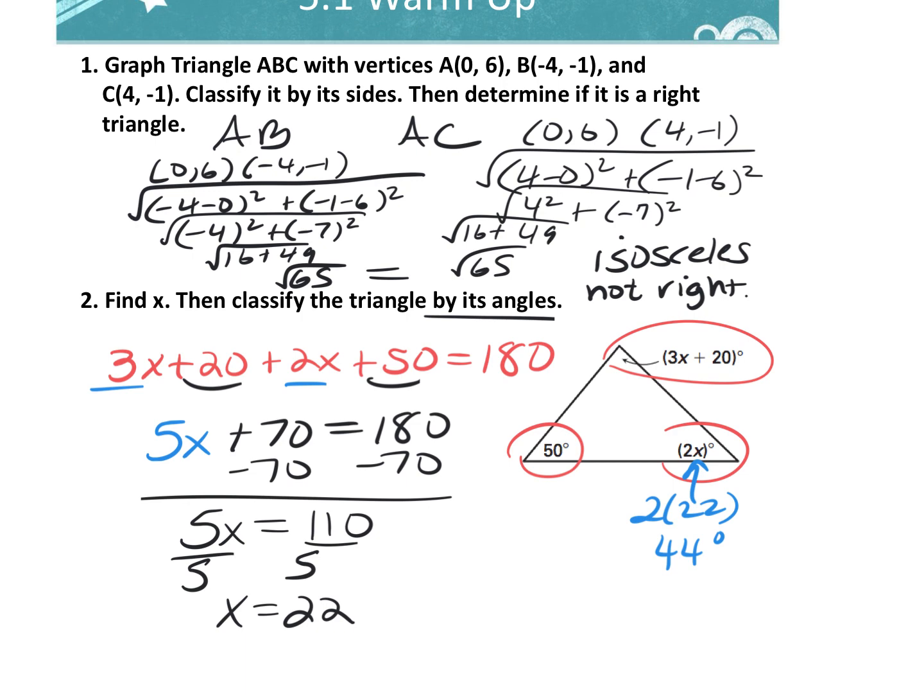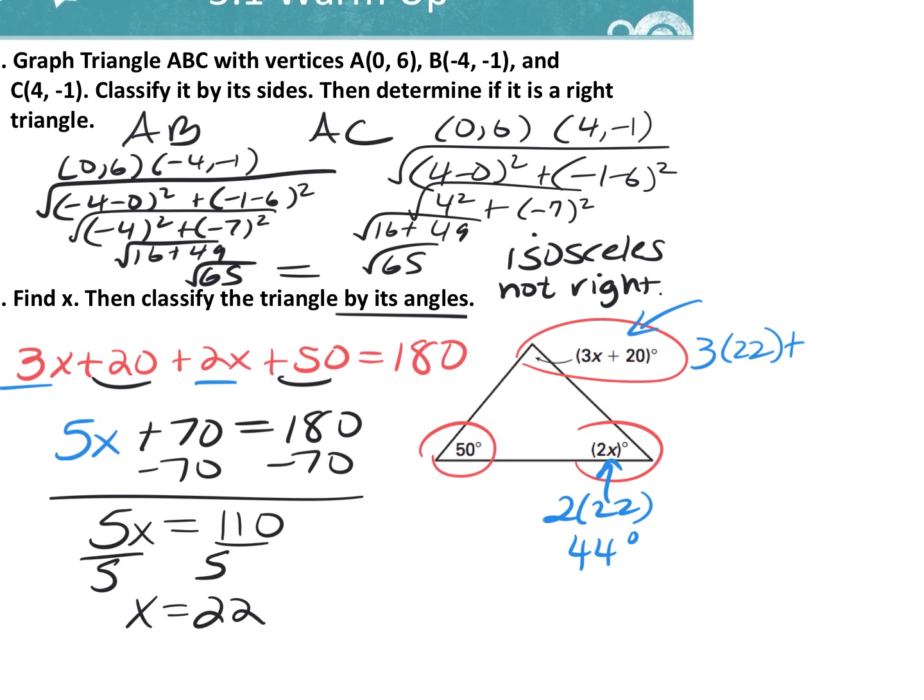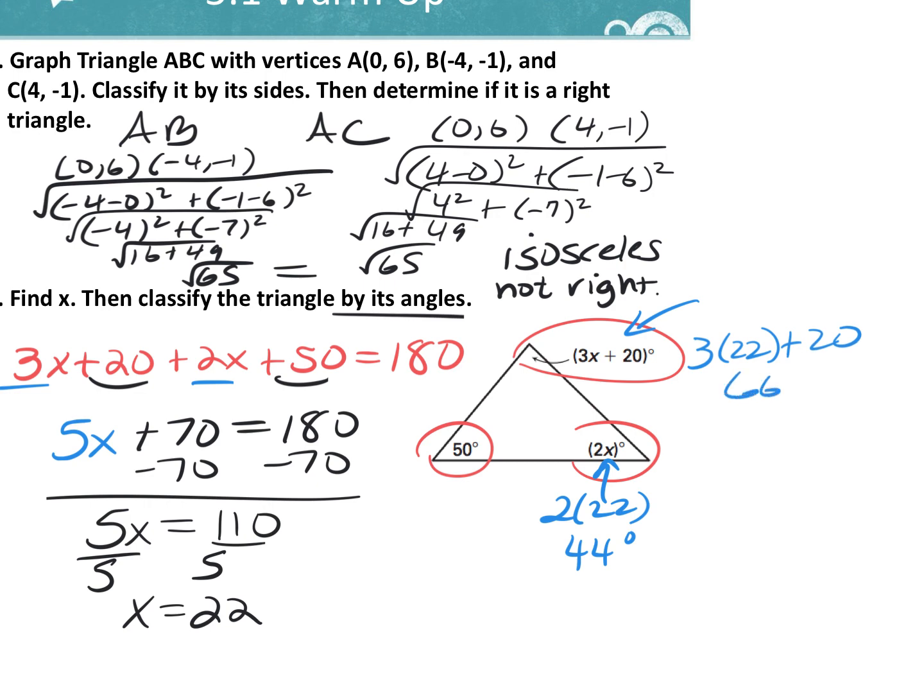And then if I plug it in here, 3 times 22 plus 20, 66 plus 20, and that angle is 86. Now if I go back and look at all the numbers, 50, 44, 86, they're all less than 90, making this an acute triangle.